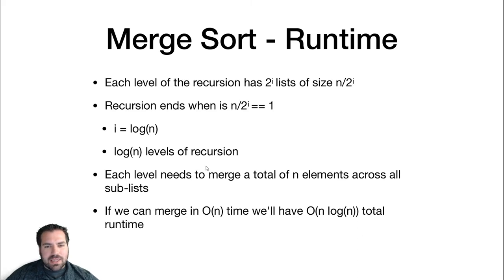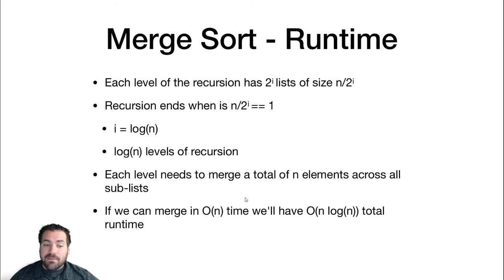We should be able to get to the debugger and see that. So we have log n levels, and each level has to merge a total of n elements. It might be merging 100 lists of size 2 if n is 100, but total we have to merge n elements across all of the recursive calls.